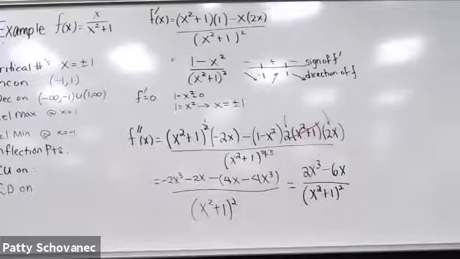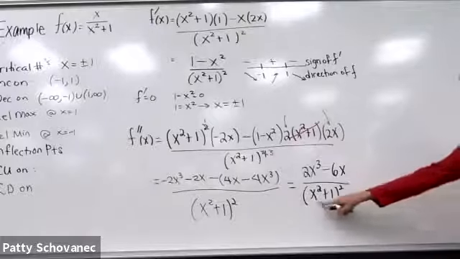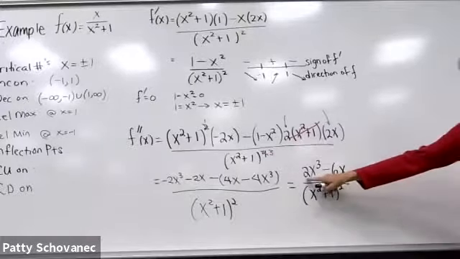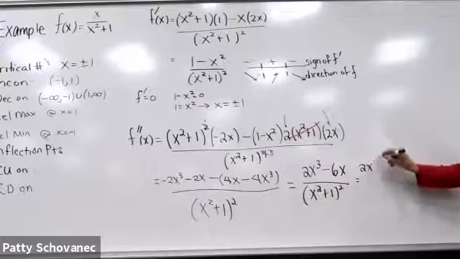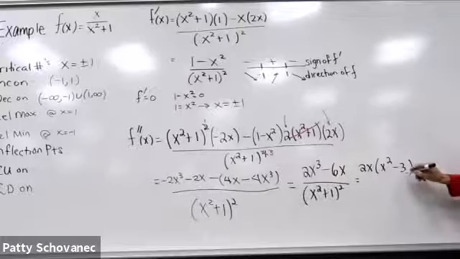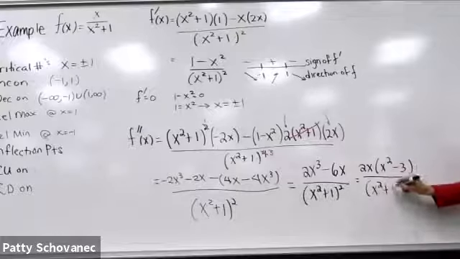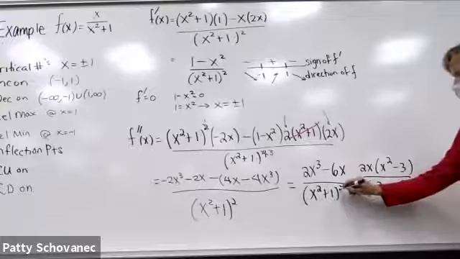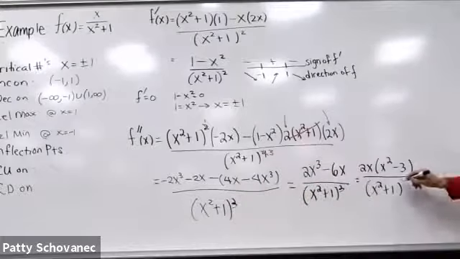We're looking for inflection points, so they're going to come from what makes the numerator 0. Because again, I can't get x squared plus 1 ever to equal 0. So I'm going to factor out a 2, and I'm going to factor out an x. And that leaves me x squared minus 3. Shouldn't the bottom still be cubed? Thank you.